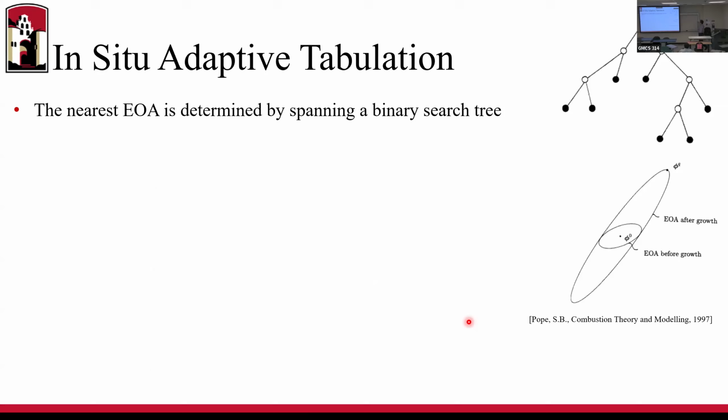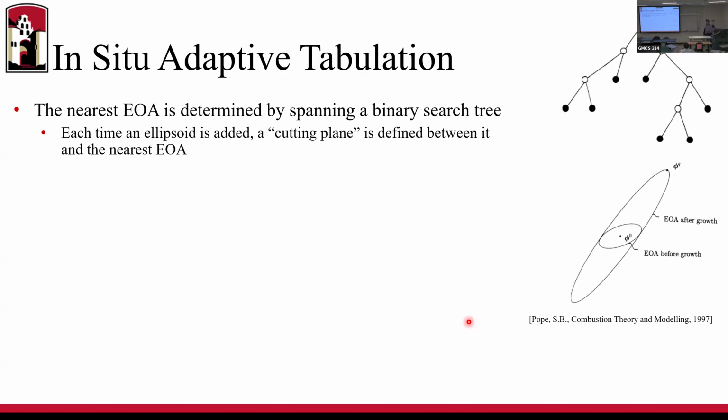Okay, so now you may ask, how do we determine the nearest ellipsoid of accuracy? The determination is done by spanning a binary search tree. So basically, what is happening is that each time we add a new ellipsoid, let's say that we add a new ellipsoid here, we are also going to create a cutting plane between these two ellipsoids, and we'll create a new fork in our binary search tree.